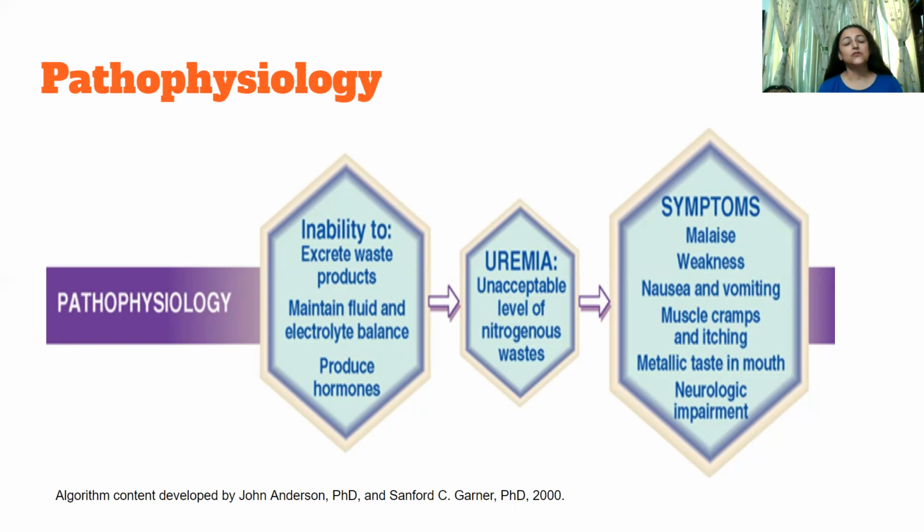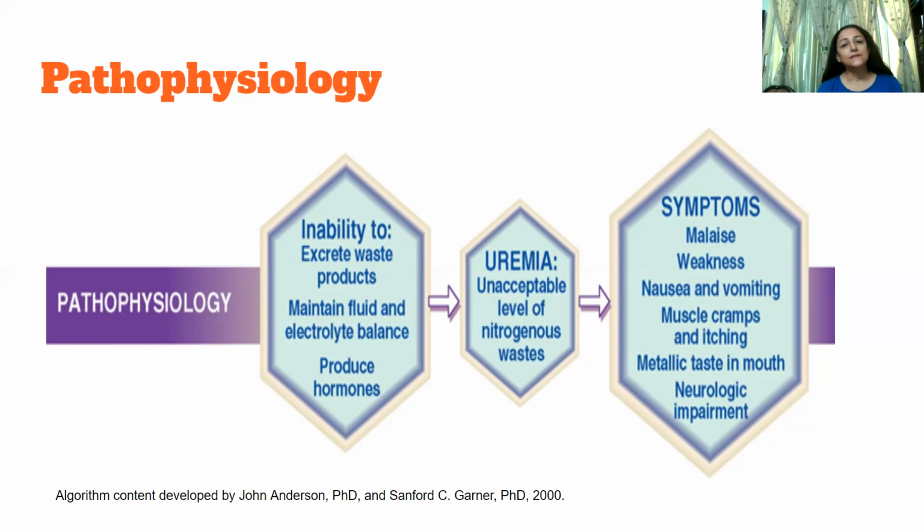And third, to produce hormones. All these main functions are affected, and the kidneys are unable to perform these three important tasks. That leads to the stage we just defined as uremia, meaning unacceptable levels of nitrogenous waste, especially urea.